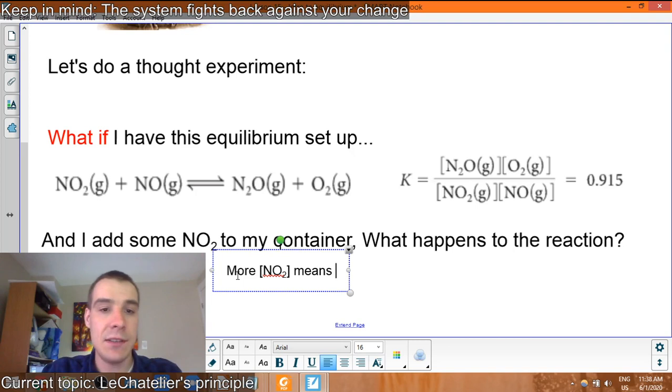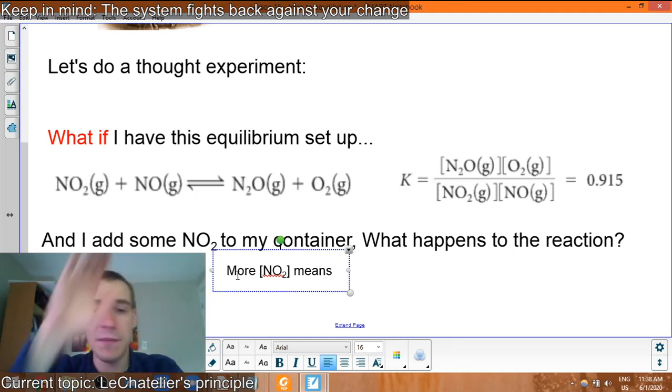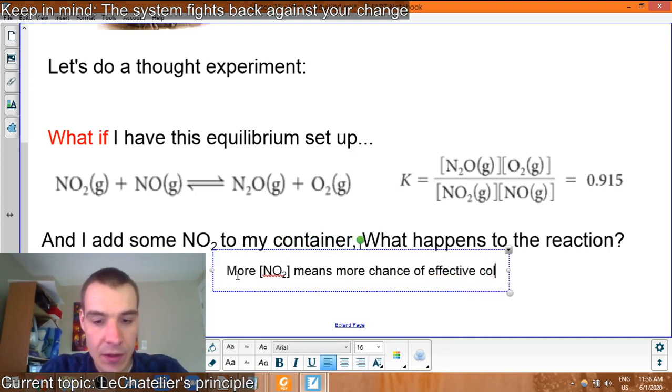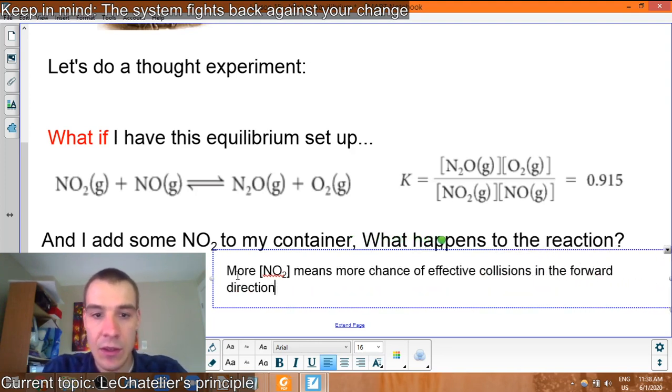Which rate goes faster? It's going to be the forward rate. We have more NO2s, so there's more chance that the NO2 hits the NO. More chance of effective collisions in the forward direction, right?